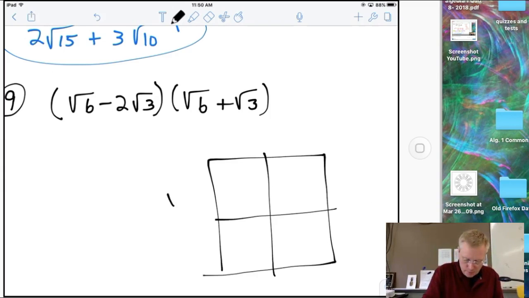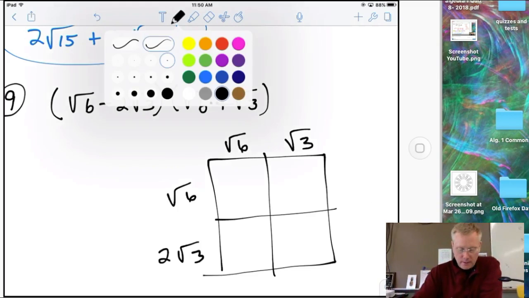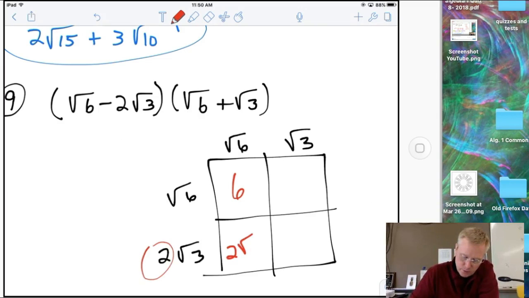Okay, so square root of 6, 2 square roots of 3, square root of 6, and regular square root of 3. Okay, so multiply square root of 6 times the square root of 6 is 6. Square root of 6 times the square root of 3 is the square root of 18. And I got this also, I got that 2 there, so that's 2 square roots of 18.